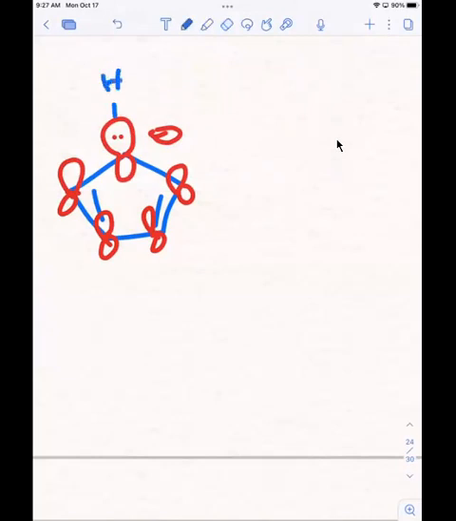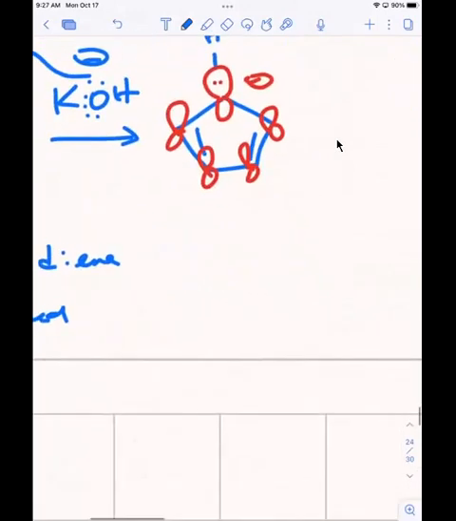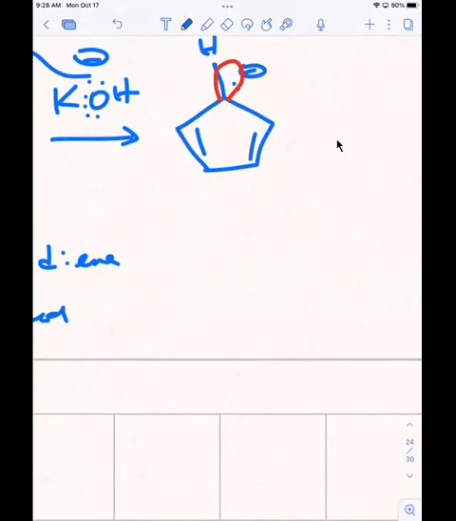Go ahead. I don't understand. Well, can you explain it more? Yeah, so when I added the base, right? Let me undo all of this and then I'll redraw with the orbitals. Right, this is where I had what I had.